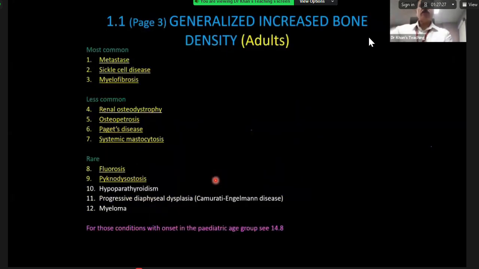And similarly, in adults, generalized increased bone density becomes slightly different. But please remember, a patient who has got pycnodysostosis as a child will become an adult, right? So these conditions which have onset in the pediatric group ultimately might be seen in an adult age group also.